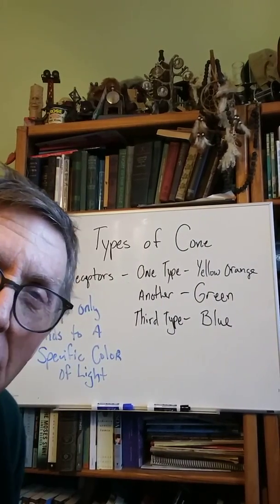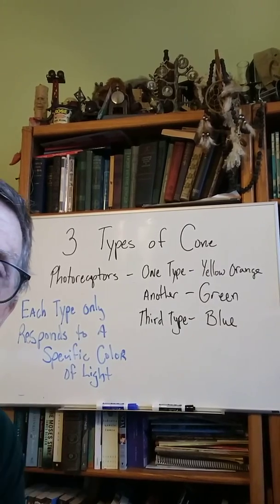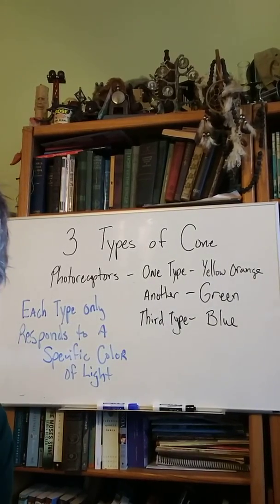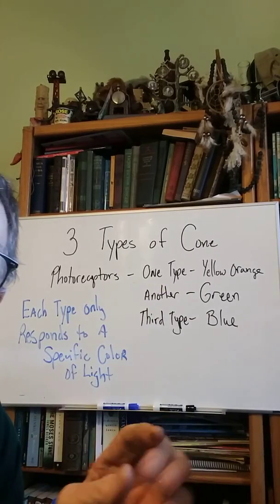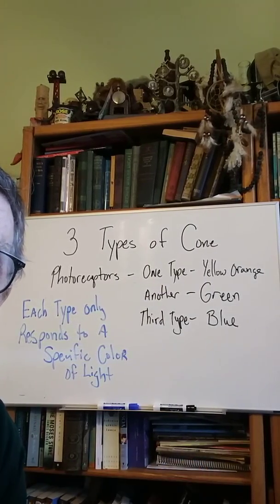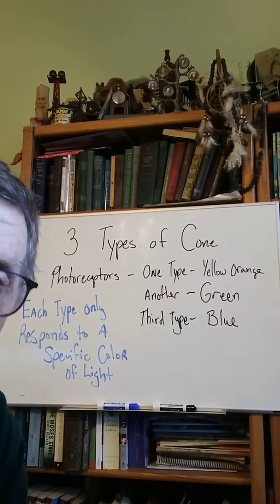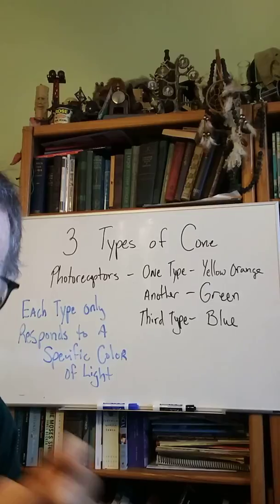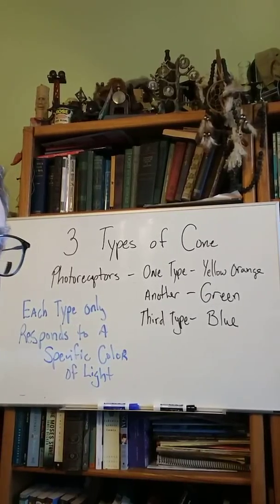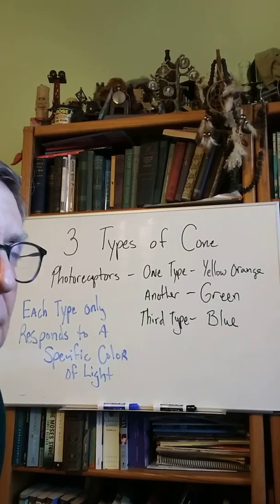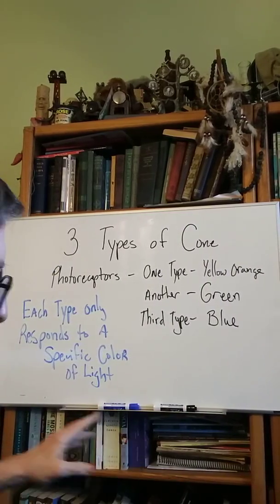Each of these different types or categories of cone receptors is only going to respond to a small portion of the visible light spectrum, represented by the different colors. We have 3 different colors of light, which are different wavelengths of light that are represented here.